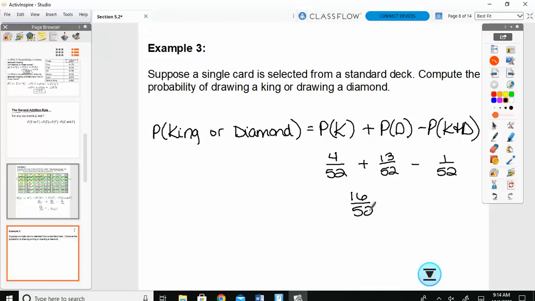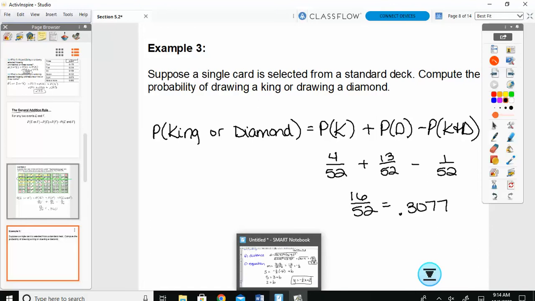So we get 16 out of 52, which is 0.307. Still doing okay with these?